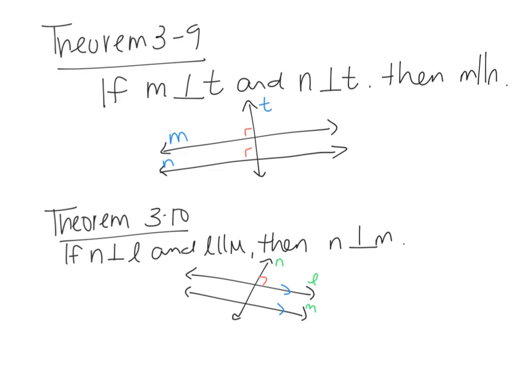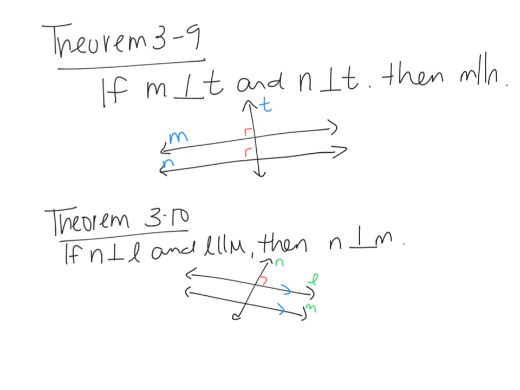The next theorem is 3-9, and it says that if, let me flip my page, in a plane, if two lines are perpendicular to the same line, then they are parallel to each other.